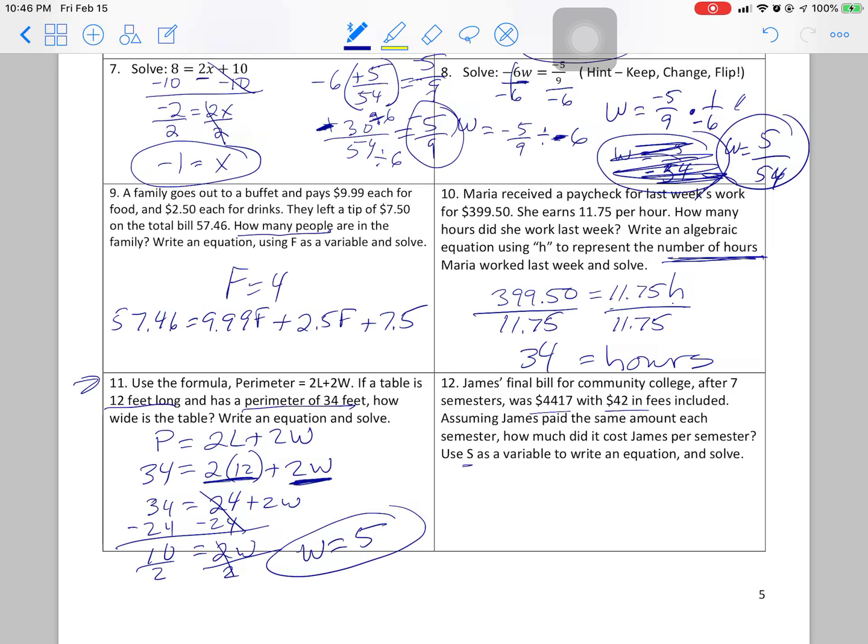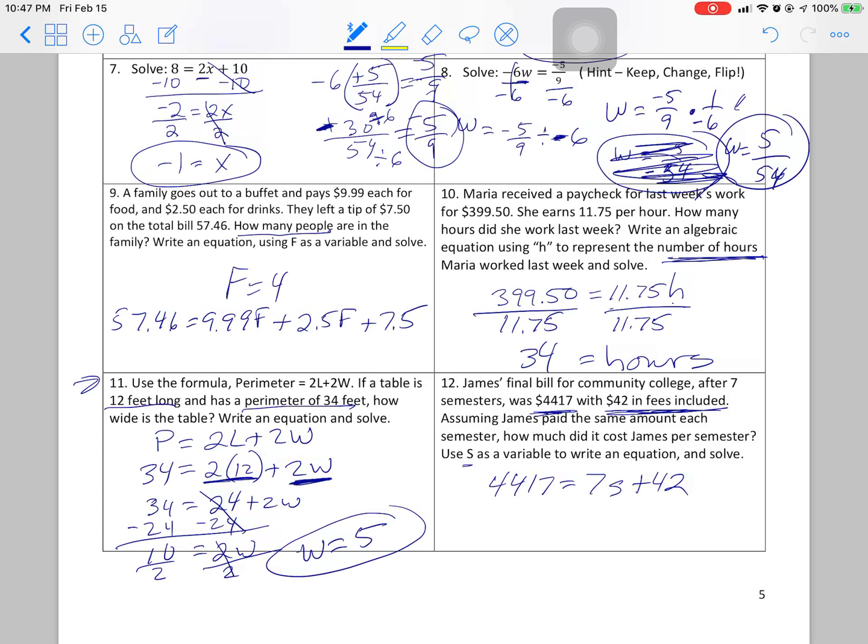Okay. That means he paid a total of 4417. Okay. 7 times whatever the semester was, plus $42 in fees. See where we're going with this? 7 semesters plus fees is how much the total bill was, because the 42 was included in that number.